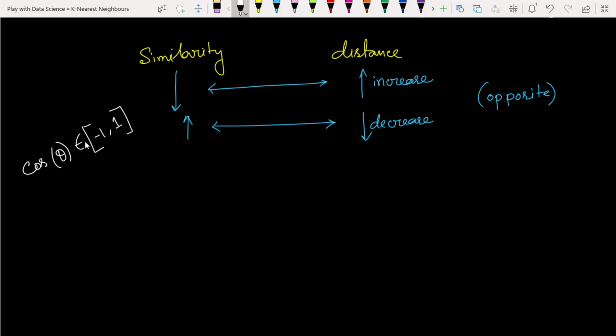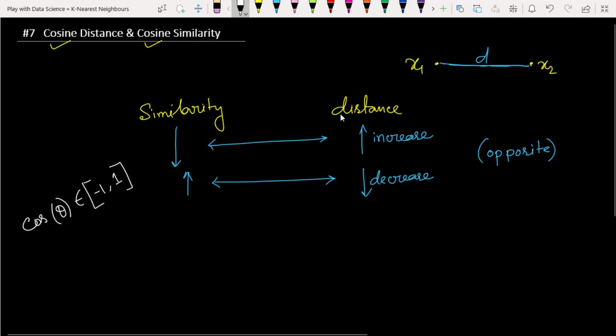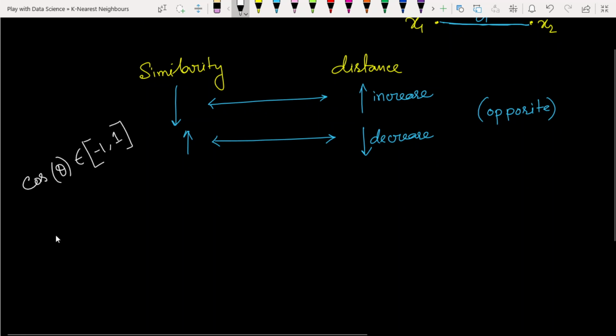Cos theta lies between -1 and 1. Let's compare this in the similarity way: instead of cos theta, I am using the cos theta between x1 and x2.